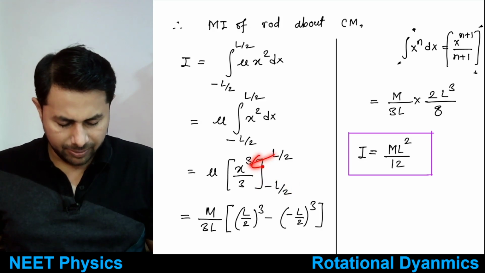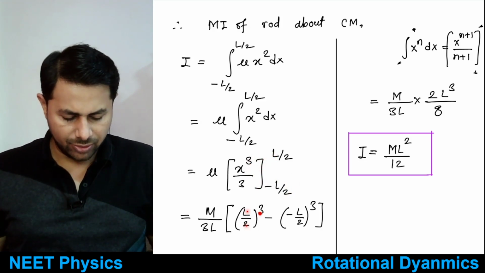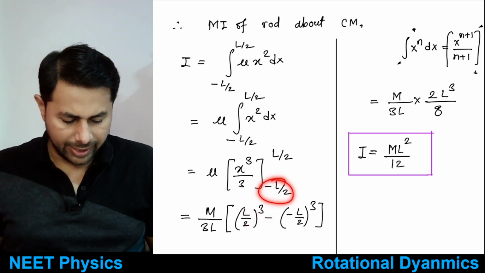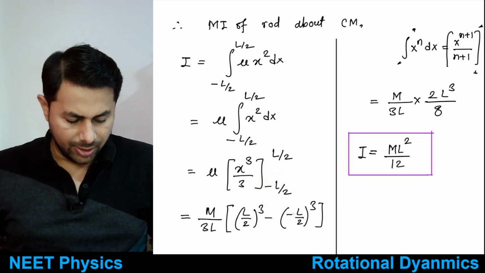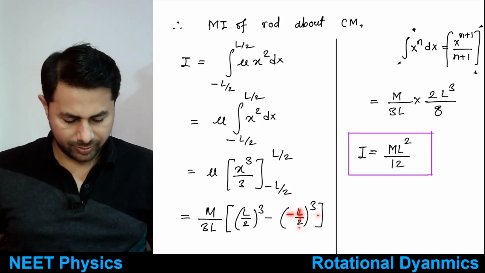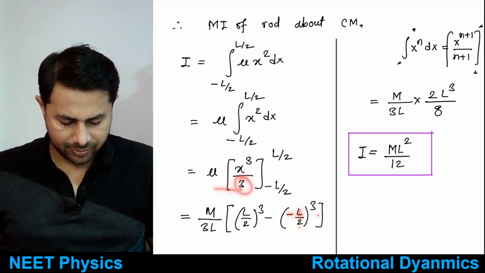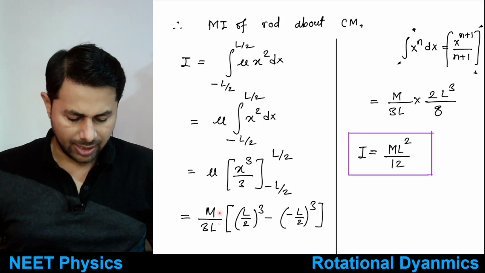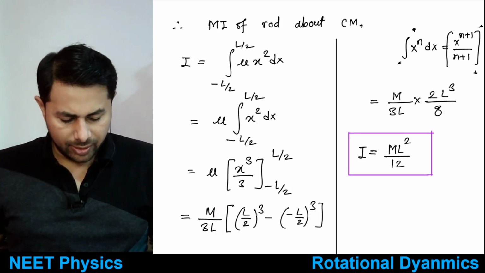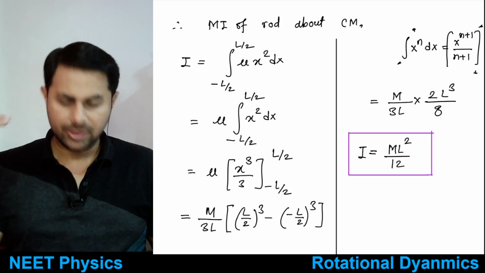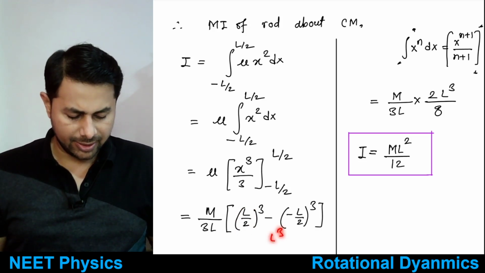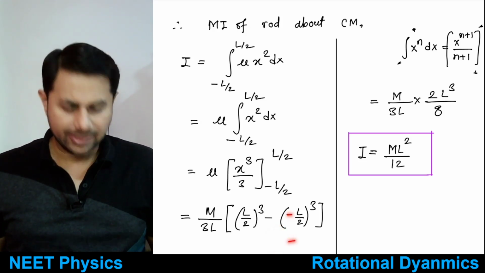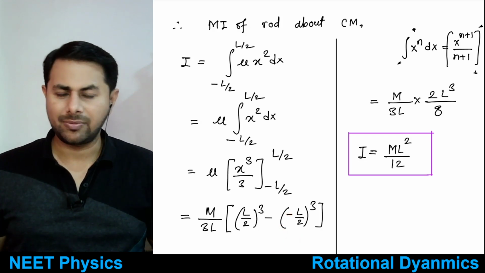When you put the upper limit, x becomes L by 2 cube, then you put a negative sign and put the lower limit. So x becomes minus L by 2, so minus L by 2 cube. You take this 3 outside. And what is mu? Mu is equal to mass divided by length, m upon L. Now what is L by 2 cube? It is L cube divided by 8. L by 2 cube minus, you have minus L cube by 8, so minus minus becomes plus.